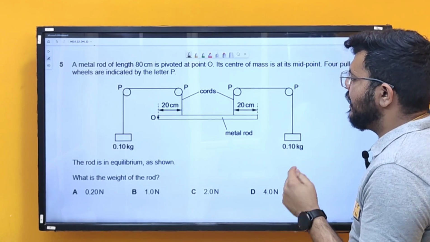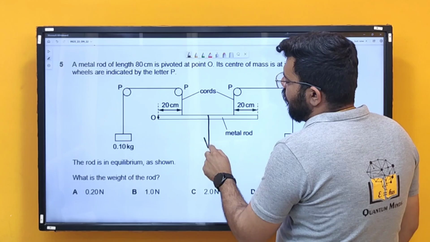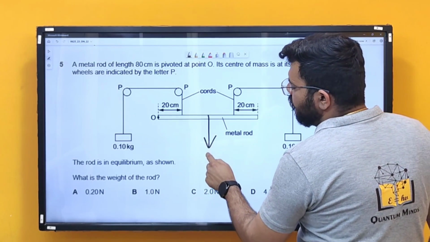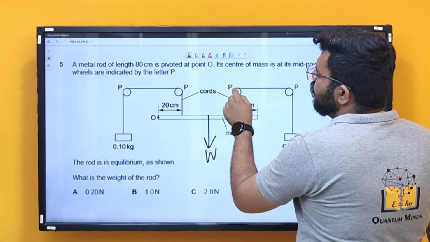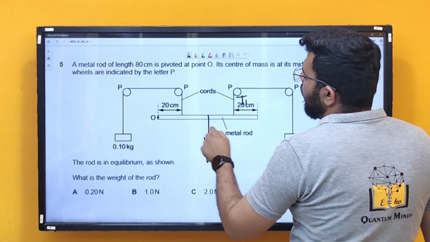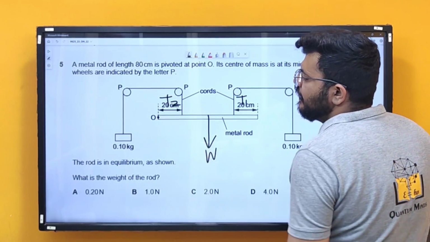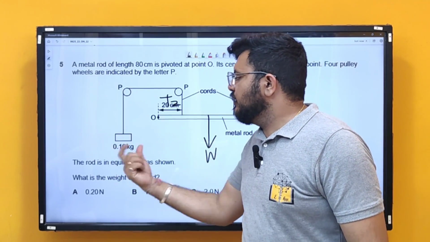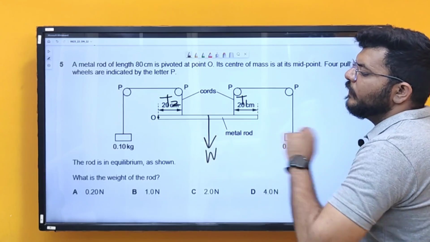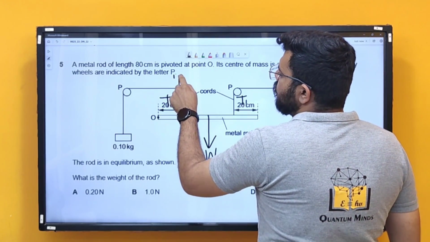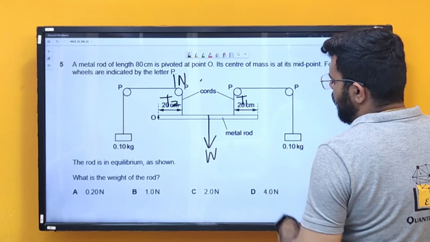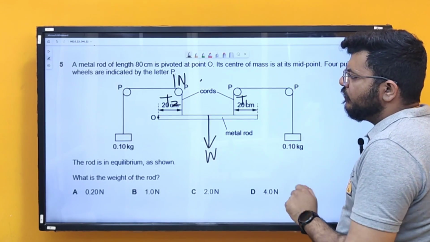Okay, so here what is happening? We have to use the law that if this is in equilibrium, if this is stationary, then the downward force W is equal to the upward forces T1 and T2, right? What is T1? The force exerted due to this weight is going to be 0.1 into 10, which is 1 Newton. The same goes for the other one, because it is also 0.1 kg.